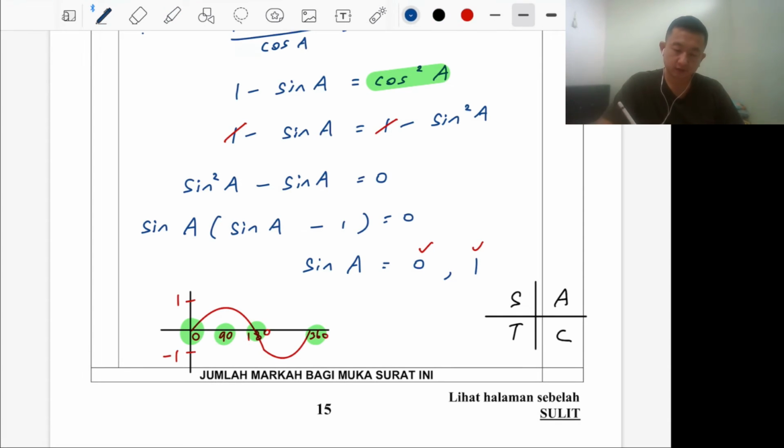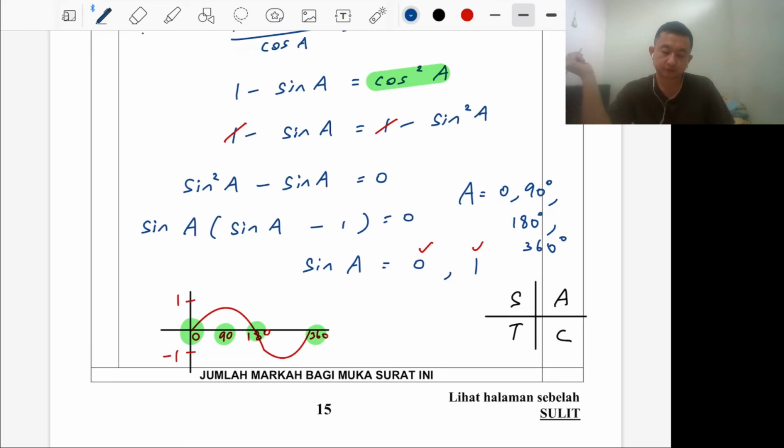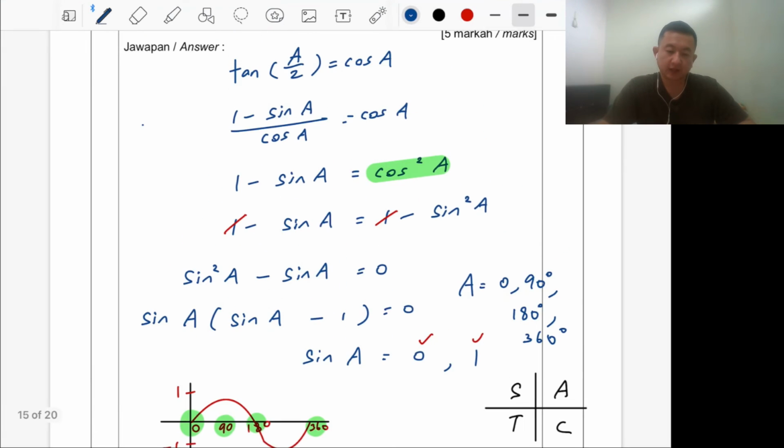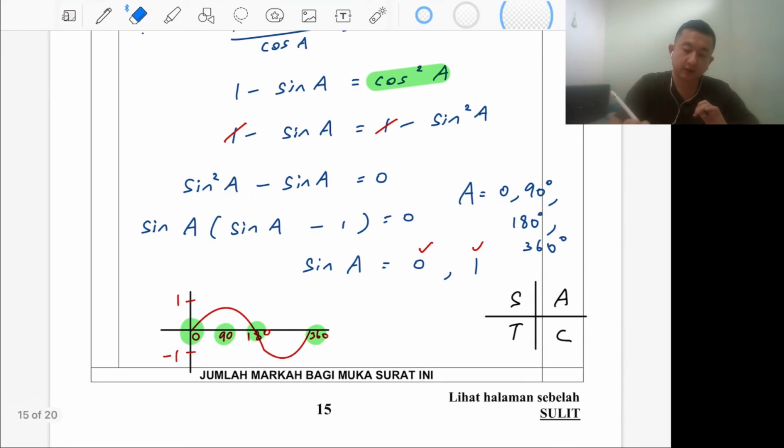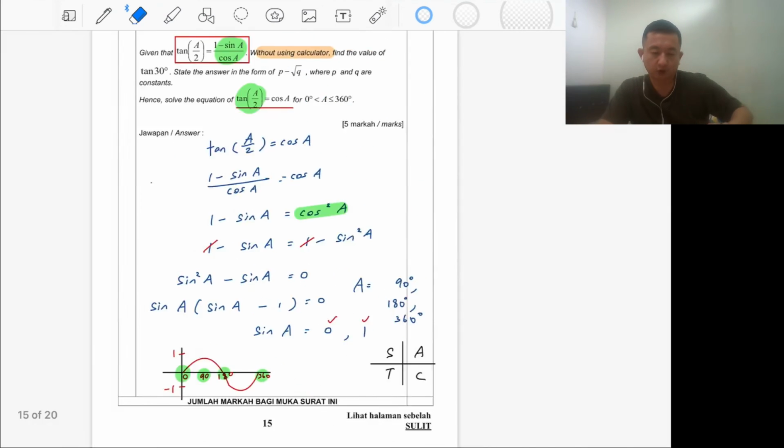So A should be 0, 90, 180 and 360. But can it be 0? Sine 0. Okay, this will be the answer for it. Oh, but excluding 0, meaning I can't take this as an answer. 90, 180 and 360.